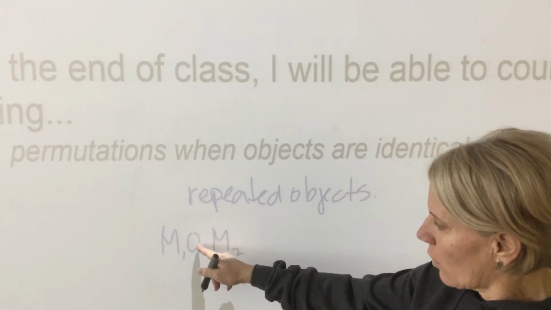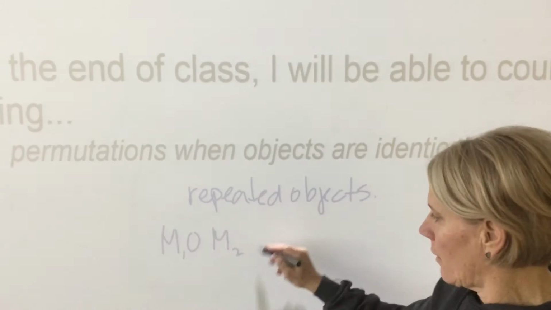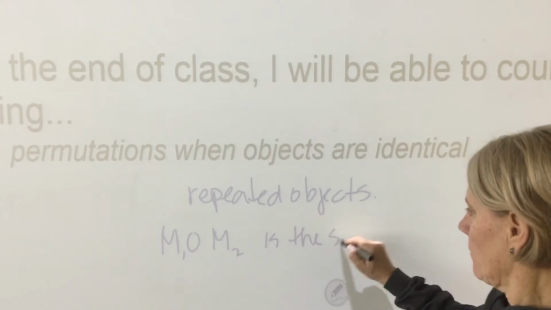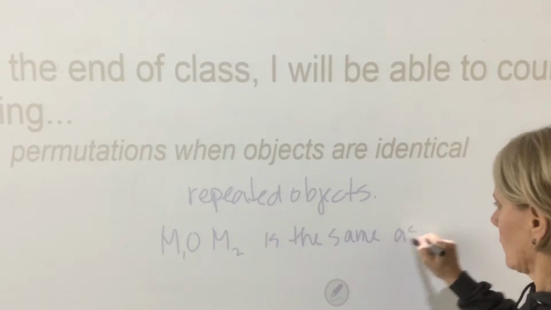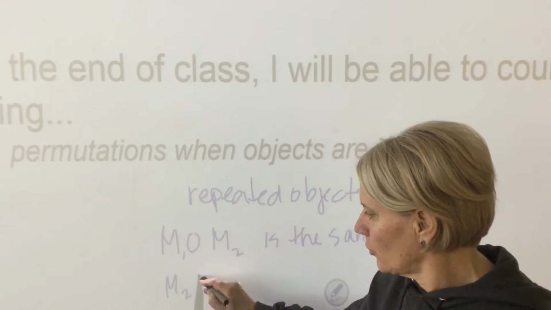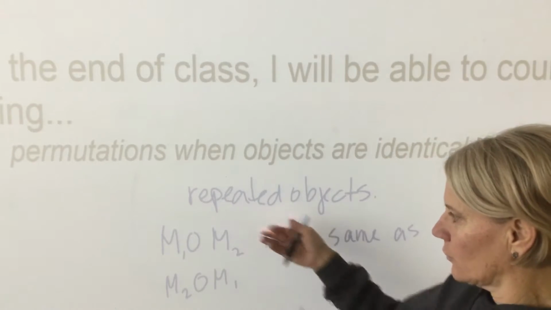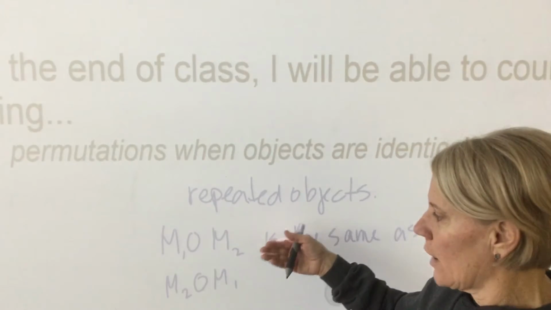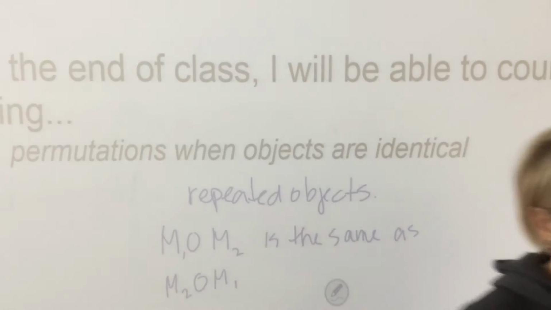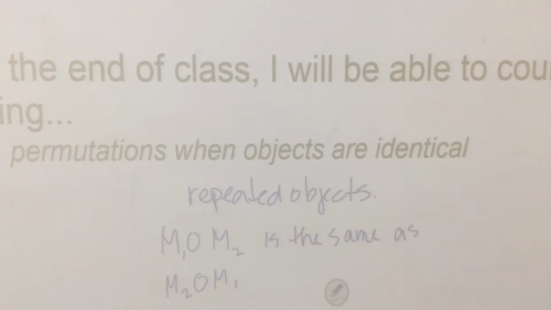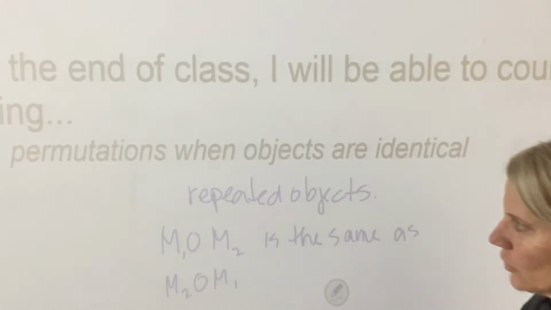Well, M1, O, M2, spelling mom, is the same as M2, O, M1. It's the same arrangement. I don't want to count it twice, so that's a repeated object. When that happens, there is a strategy that we use to deal with repeated objects.